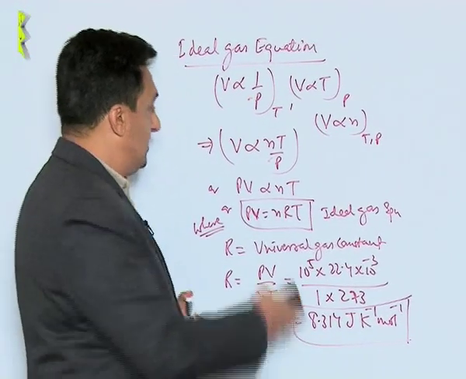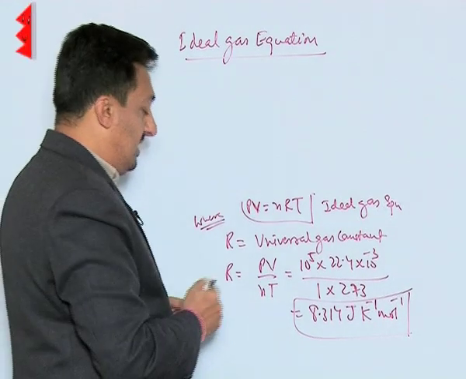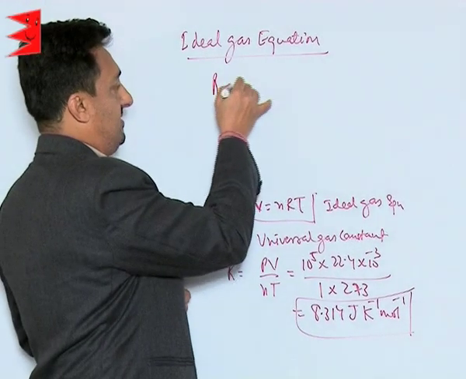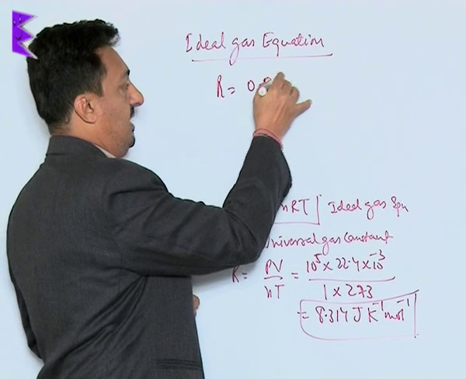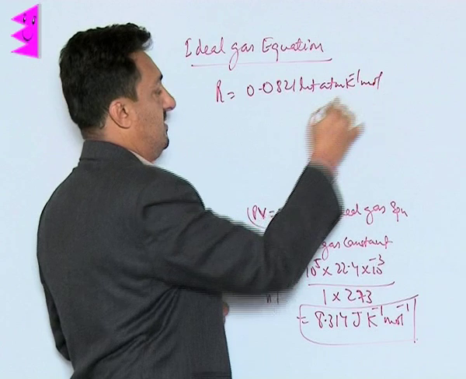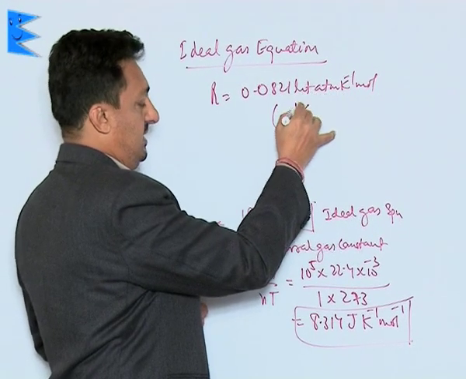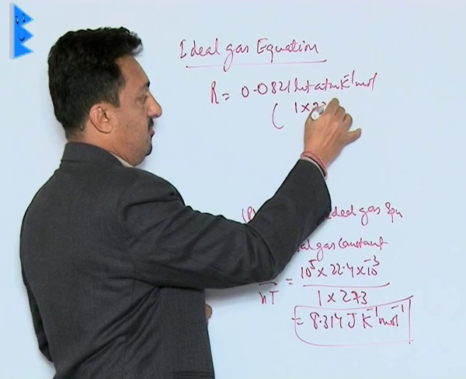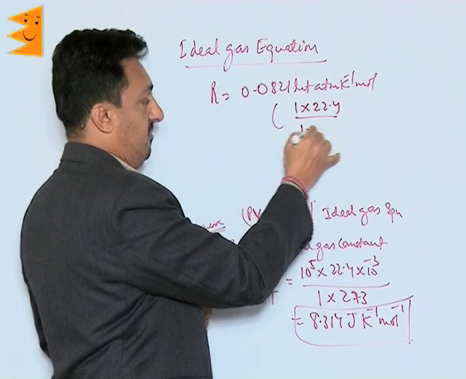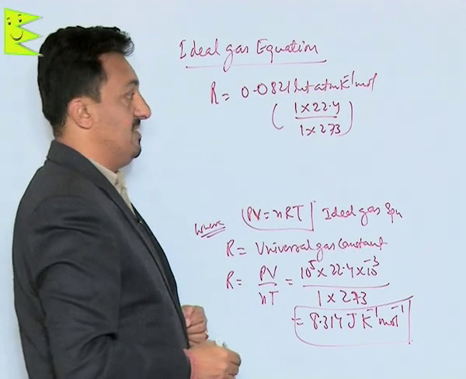Now, if we want this R in terms of liter atmosphere, it comes out to be 0.0821 liter atmosphere per Kelvin per mole. This comes when we put the pressure as 1 atm, volume as 22.4 liters, number of moles 1, and temperature 273.